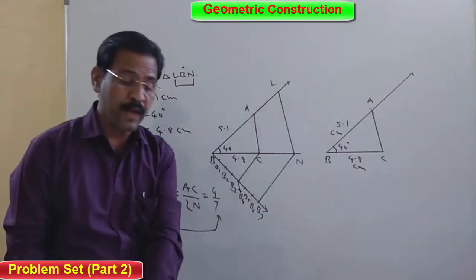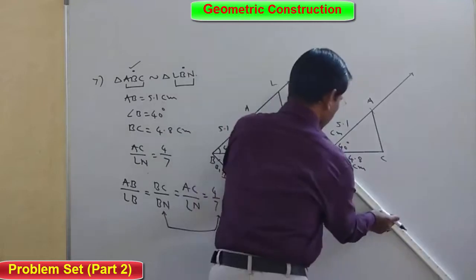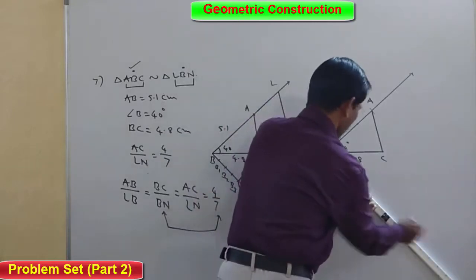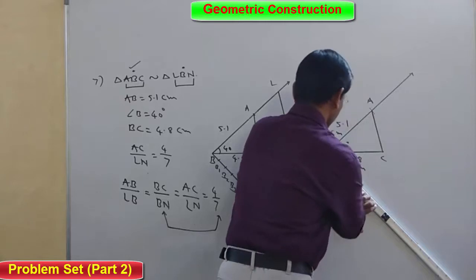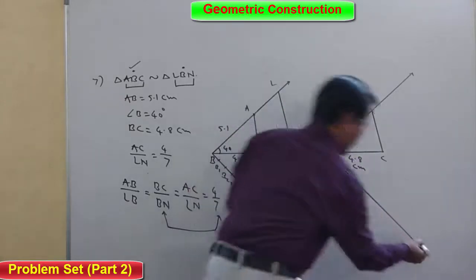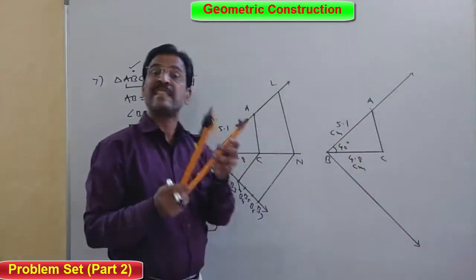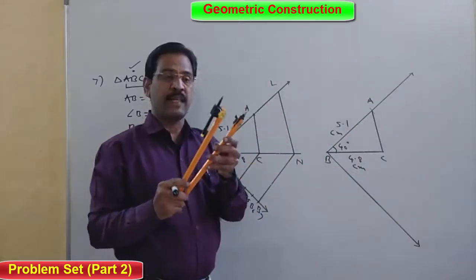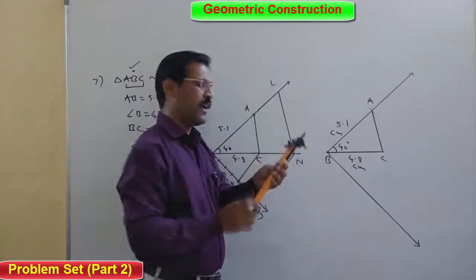Afterwards, what is our next part? We have to draw one ray from B to the downside. Okay friends, like this. Okay. Now on this ray we have to take some distance in the compass and try to draw 7 parts here. But before that, after the 4th, just try to join to C. I'll join first.